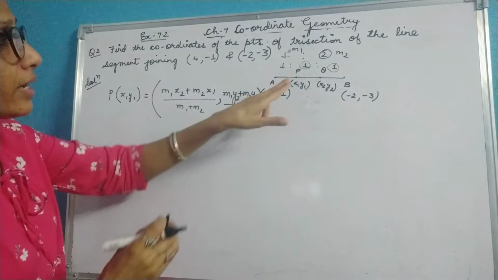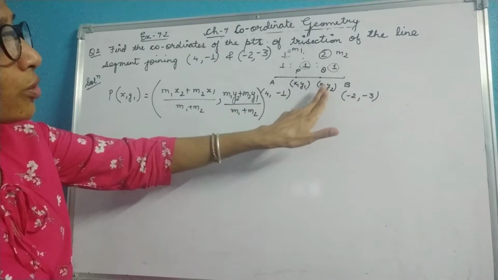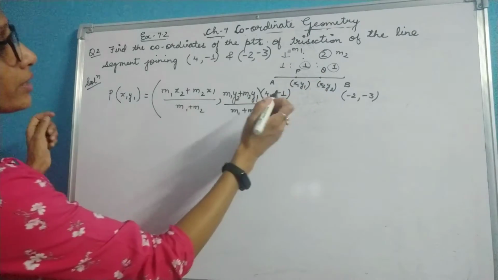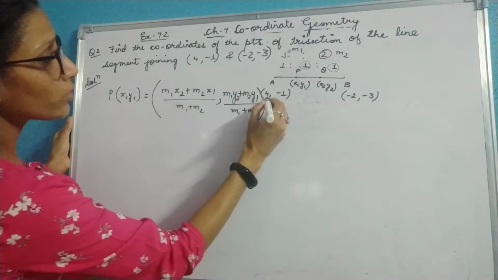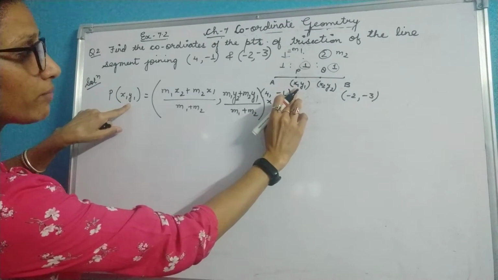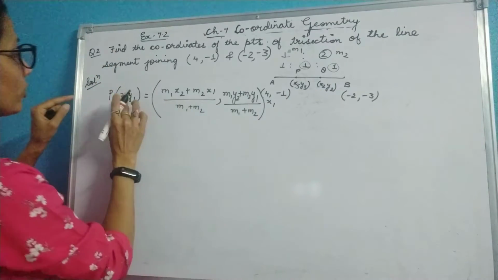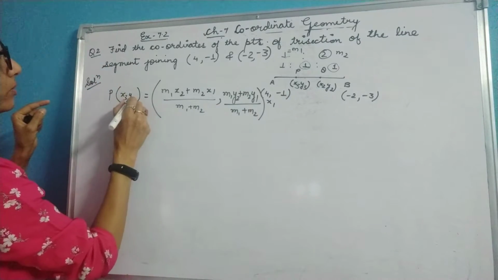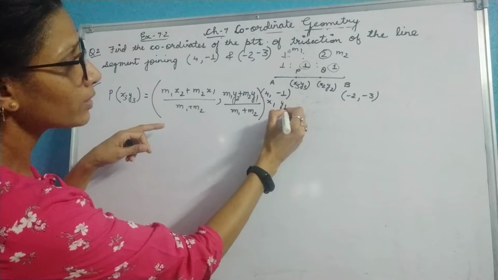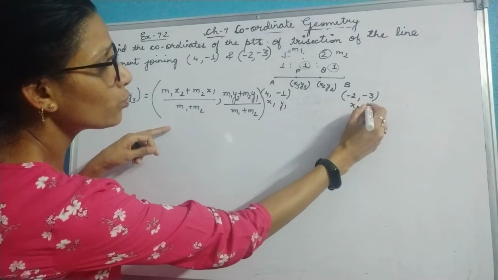Now when I am taking point P, I will not see point Q. Here what are your x1 and x2? Since x1 y1 is already taken, let this point be x3 y3. So don't get confused over here. Say this is your x1 y1, and this B will be your x2 y2.